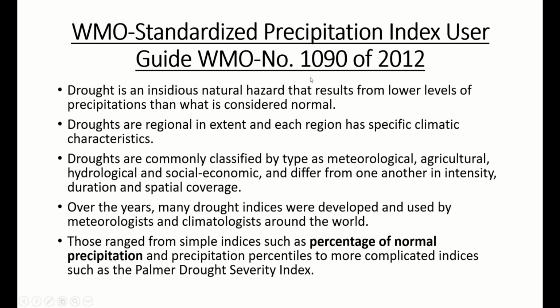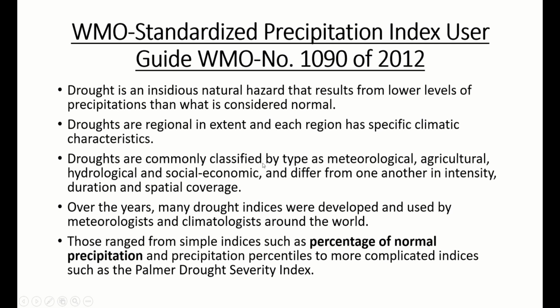It's a result of lower levels of precipitation than what is considered to be normal. It's a regional thing: if we're having drought in Botswana, obviously other Southern African countries are going to be having drought as well. That is, the rainfall will be lower than we consider to be normal.